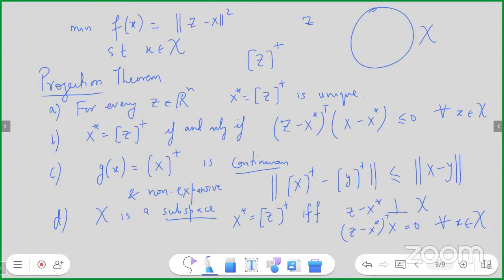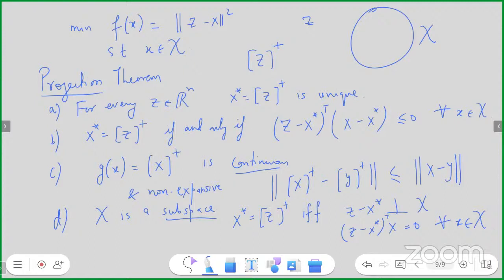But what about part B? It's reminiscent of something. We said something about when the function is convex: the gradient of f at X star dotted with X minus X star is greater than or equal to 0. So what is the gradient of f at X? It is 2 into (Z minus X).